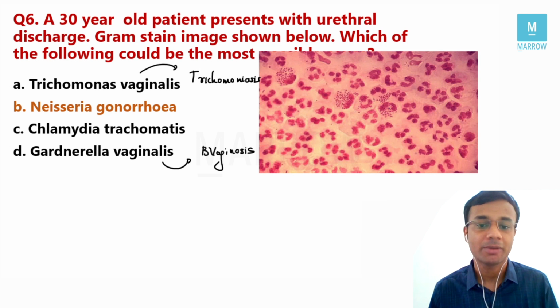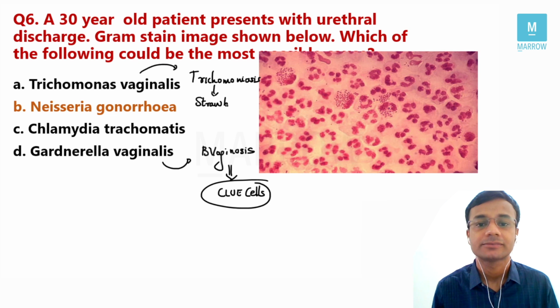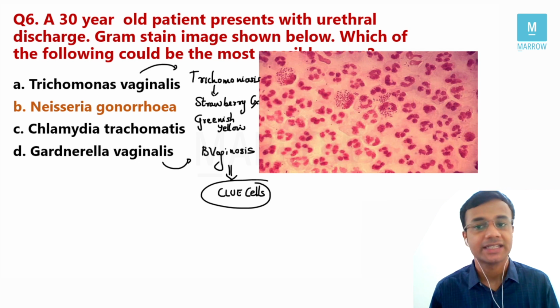And bacterial vaginosis is diagnosed by means of clue cells, which is very important. For trichomoniasis, remember strawberry cervix and greenish yellow vaginal discharge.